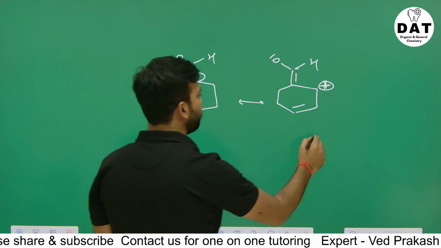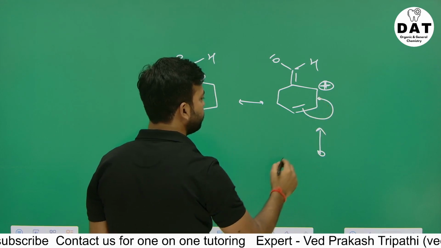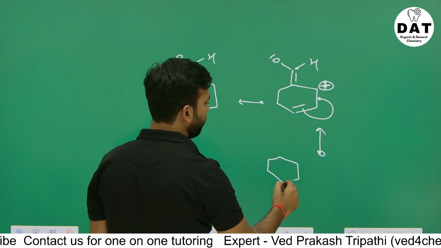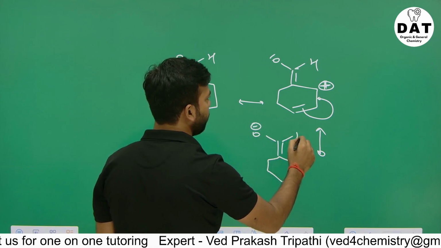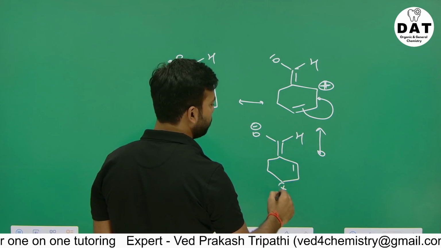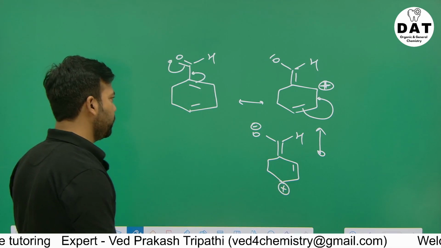In the next step, this double bond here bond and there is a positive charge. Clear? So this is double bond of heteroatom resonance.